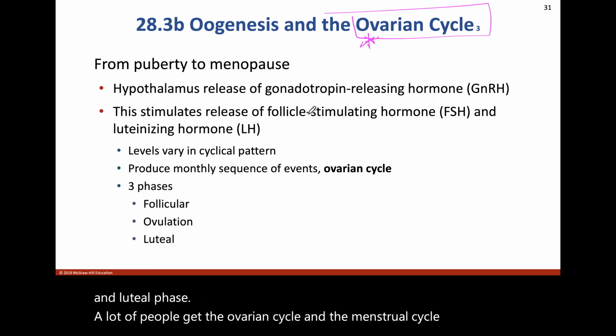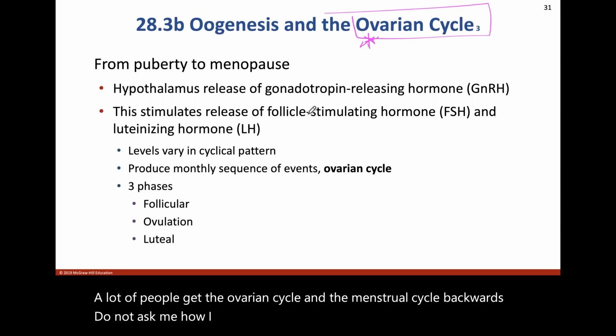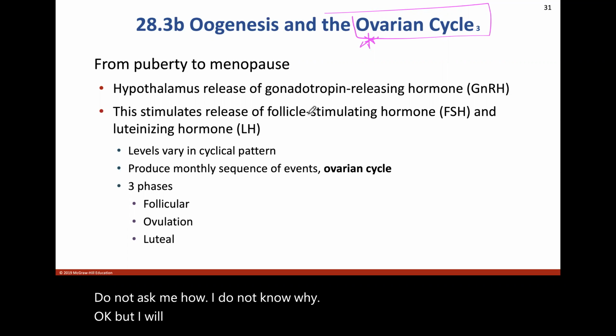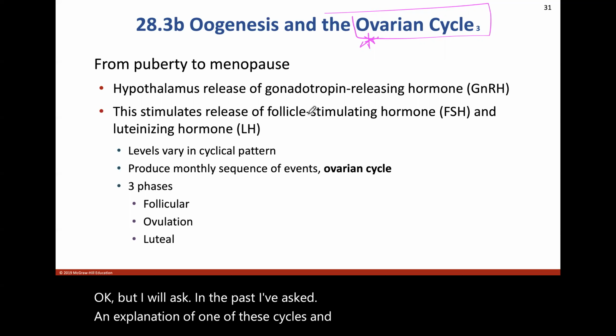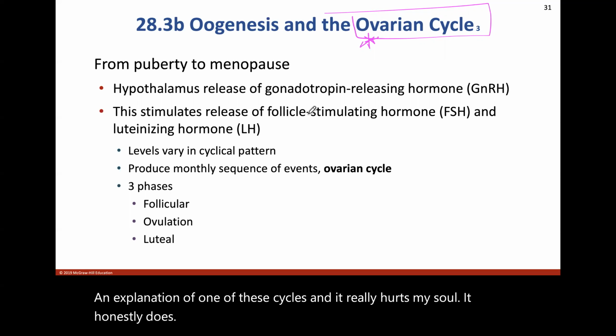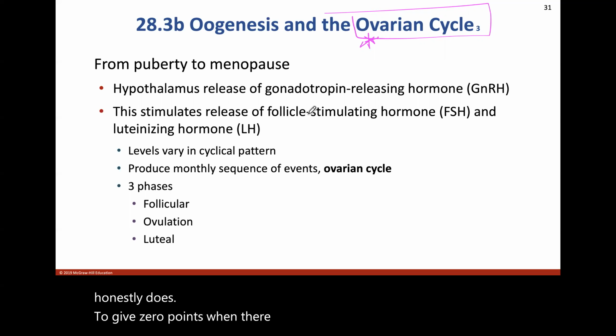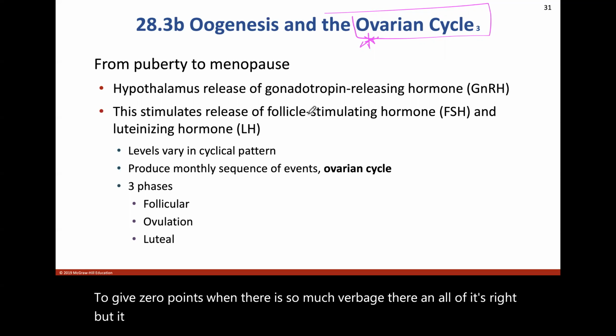Do not ask me how. I do not know why. But in the past, I've asked for an explanation of one of these cycles, and it really hurts my soul. It honestly does, to give 0 points when there is so much verbiage there and all of it's right, but it didn't answer the question.